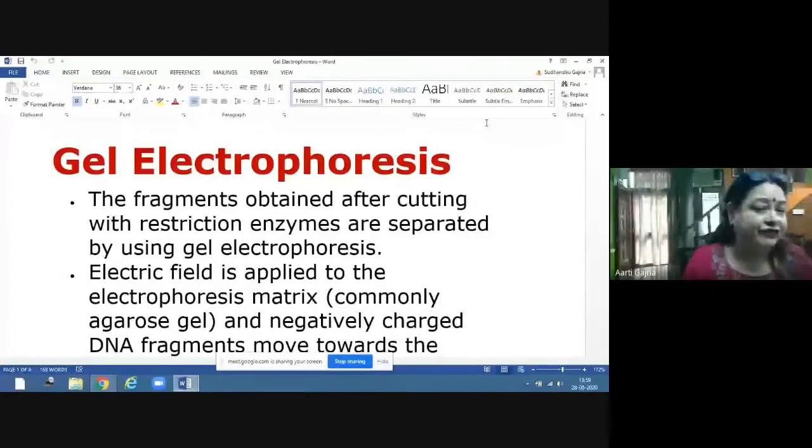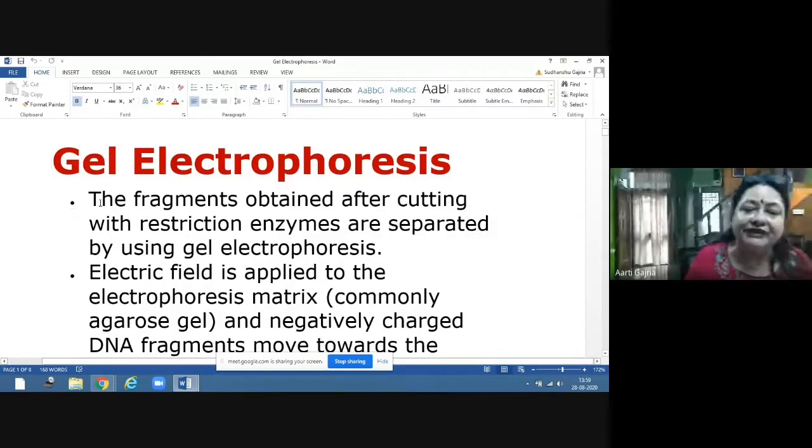Yesterday we saw recombinant DNA technology. For constructing a recombinant DNA, we want the piece of the DNA where our gene of interest is. To get that fragment of DNA, we need to separate the DNA fragments, and that separation is done by gel electrophoresis.